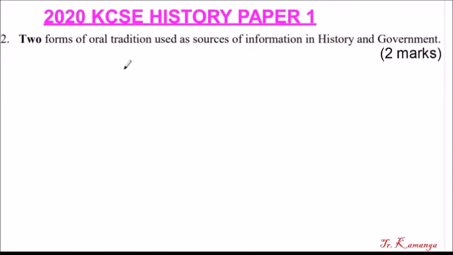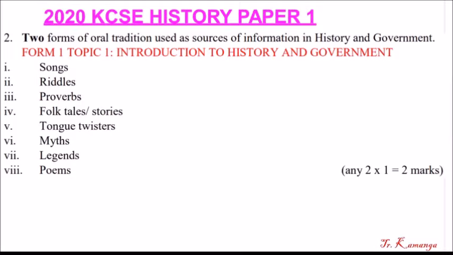Question number 2. Give 2 forms of oral traditions used as a source of information in history and government. Oral means using your mouth. So how was information passed orally? And that was the source of information. So let's see what was expected.